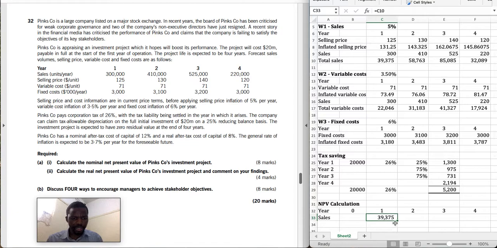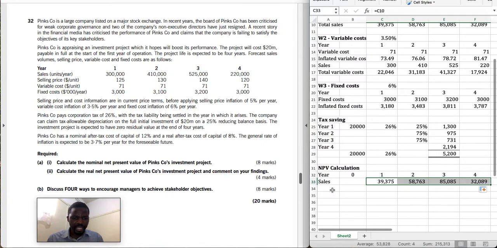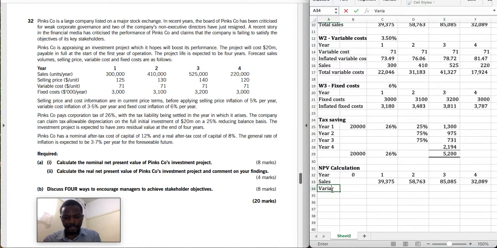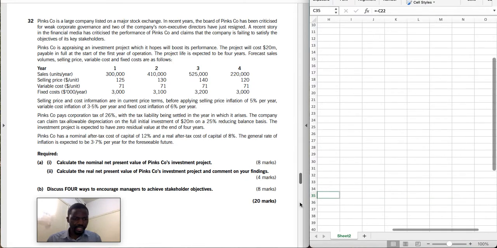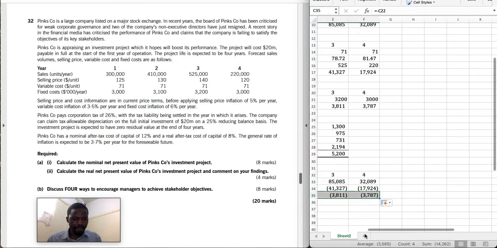Then we copy up to year 4. Then we have our variable costs, coming from working number 2. We copy the formula across. Then we have our fixed costs coming from working number 3. Then we copy the formula across.